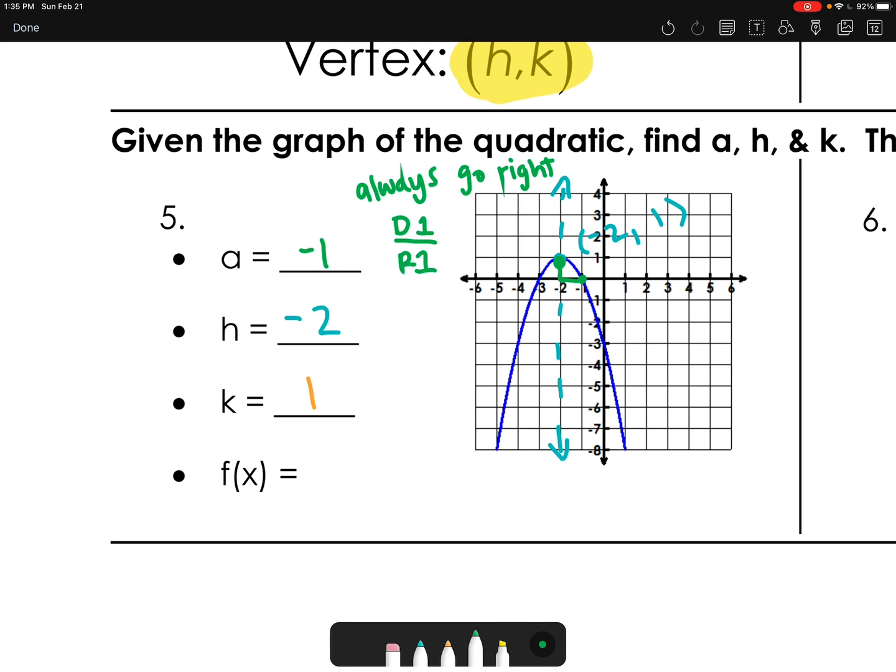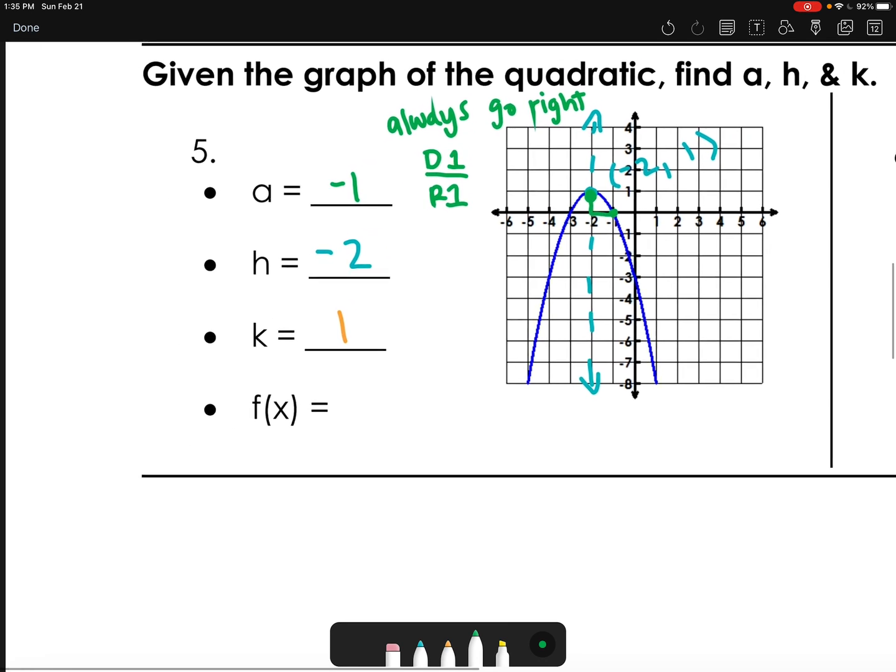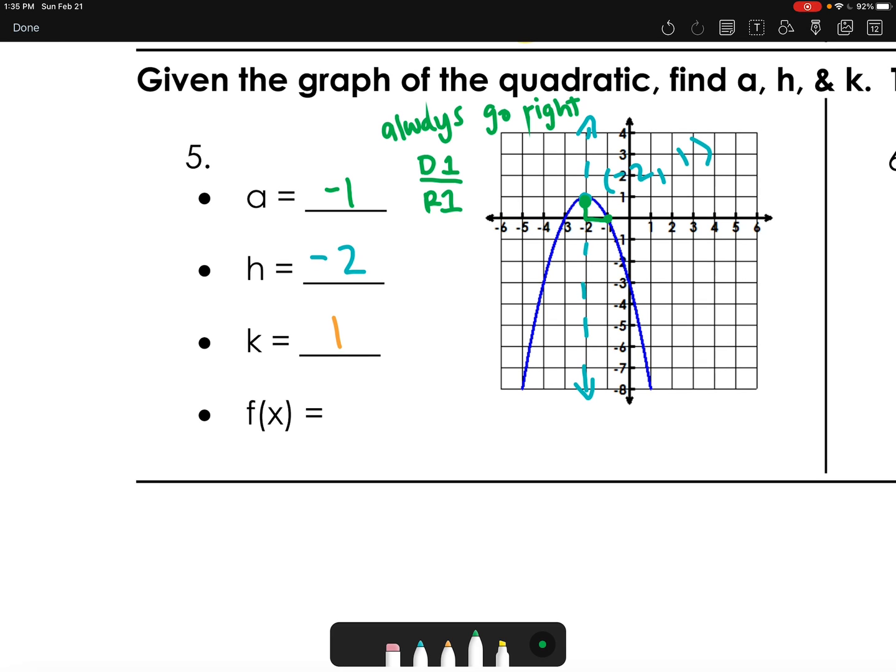So now we're going to write our function. I'm going to write our general form off to the side here: f of x equals a times x minus h squared plus k. That's what I'm using to write my equation. I have everything I need. So I'm going to write this -1 out front here, and then I have x minus my -2.